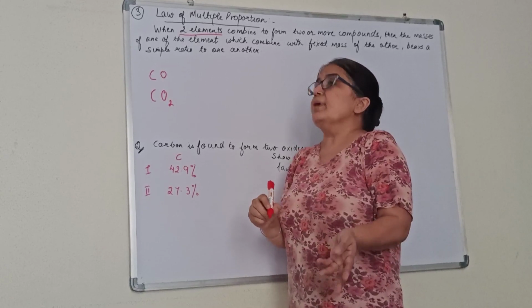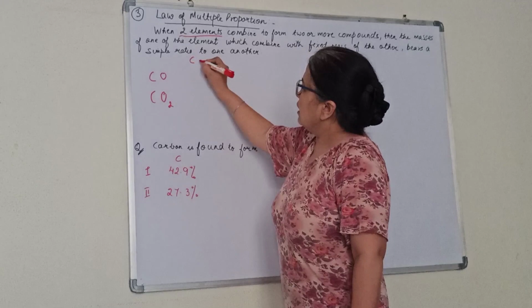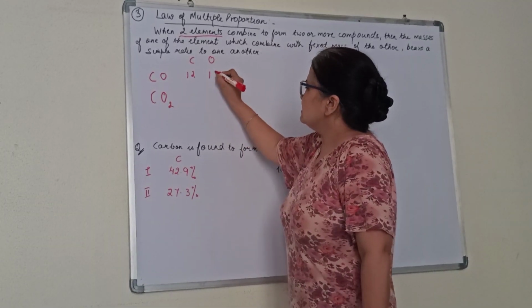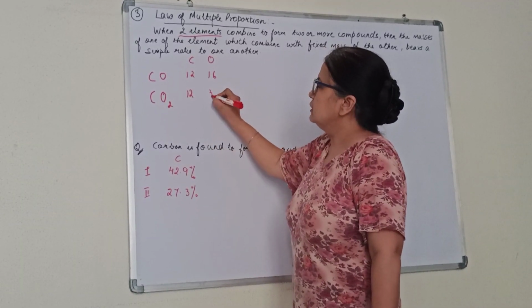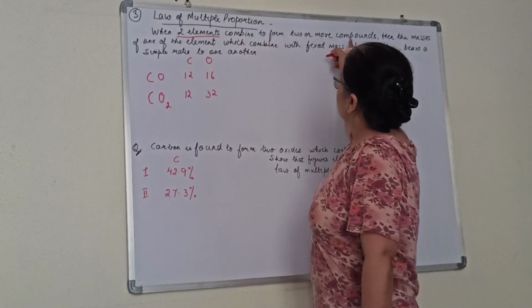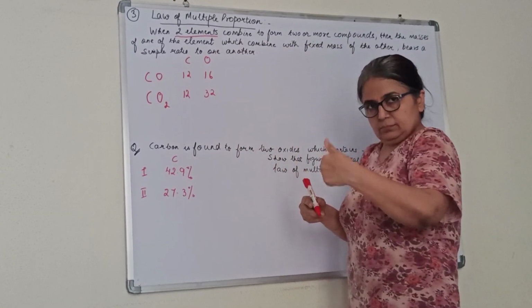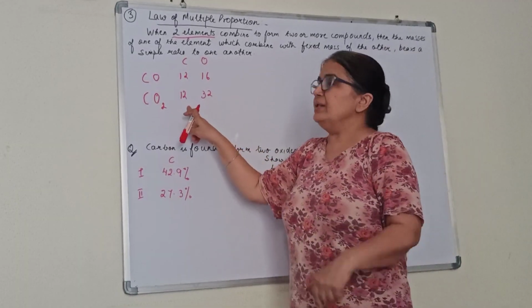Let's see what is the mass of carbon and oxygen, each of them. Carbon is 12 here, oxygen 16. This is 12, this is 16 into 2, 32. So two elements combine and form two or more compounds, keeping one element fixed.